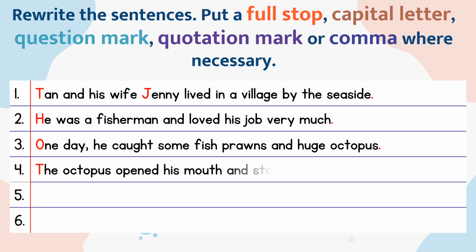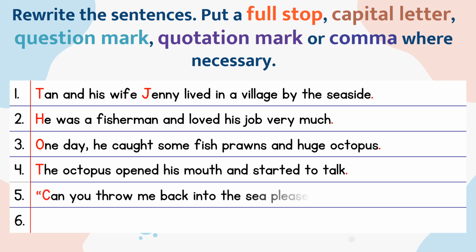All right, number 4: The octopus opened his mouth and started to talk. The capital letter must be placed at the front of the sentence and it ends with the full stop. Very good. Number 5: "Can you throw me back into the sea, please?" asked the octopus.